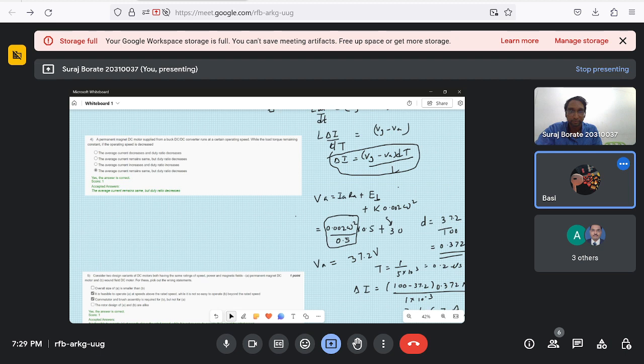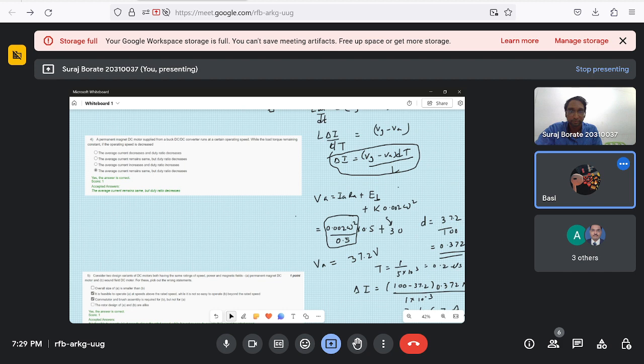Now what is the formula that relates EB and VA? VA, or let's say IA RA plus EB, upon VG is the duty cycle, right? So if omega reduces, EB reduces, right?